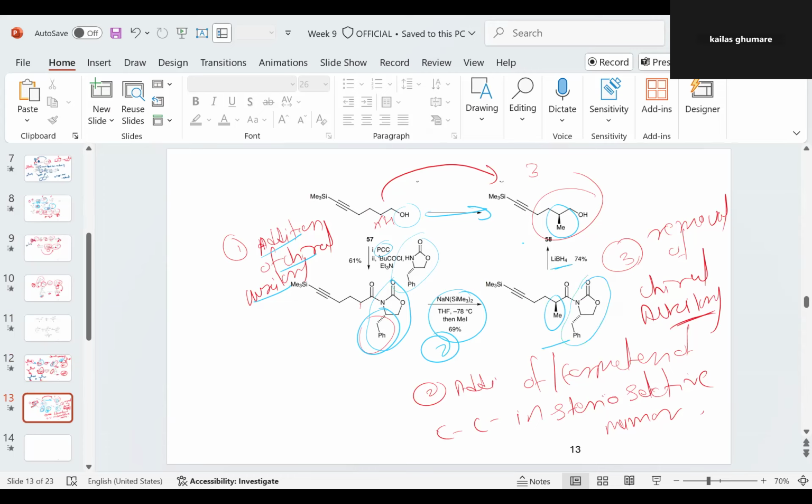We performed a simple reaction, in this case the addition of LiBH4. It deprotects these amides and gives the aldehyde, and the subsequent reaction converts the aldehyde into the alcohol, right? So we get the final product. So the three major steps involve addition of the chiral auxiliary, then performing our addition reaction in a stereochemical manner, and further removal of the chiral auxiliary to get the desired product with the required stereochemistry.